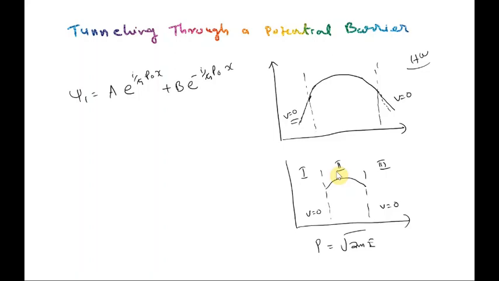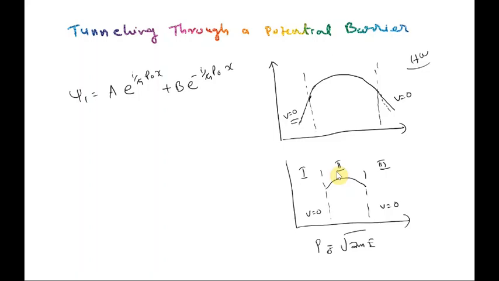So this is actually the free particle equation, nothing different. We may be familiar with the form like e to the ikx. So k is nothing but p naught by h cross. Same expression, nothing but written in terms of momentum. And p naught I know this quantity. So that is going to be the wave function in region 1.